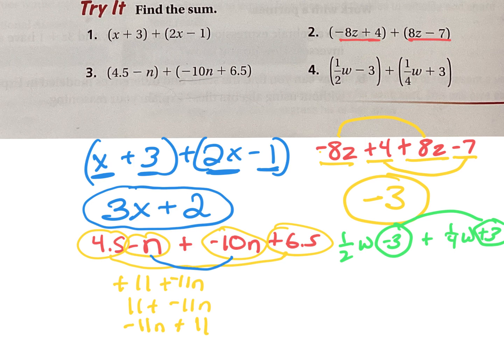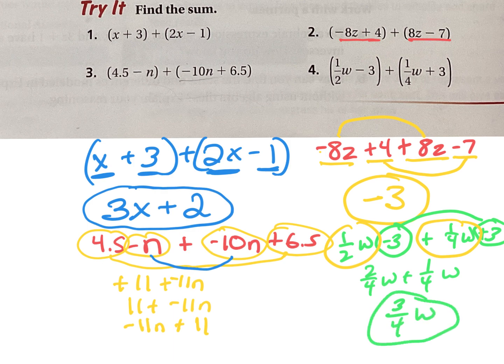So now I'm going to put 1/2 w with 1/4 w. And they're both positive, so I just add them. I need to make this 2/4 w plus 1/4 w, and that gets me 3/4 w. Okay?